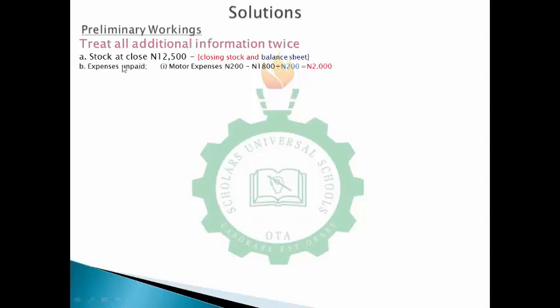And additional information two, expense unpaid, which can be referred to as your expense accrued or outstanding expenses. What expense accrued means is you have enjoyed something and you have not paid for it. Take for instance a very good example: a number of us are using light, and we are not using the prepaid meter this time around, so we are using light and they will give us the bill.